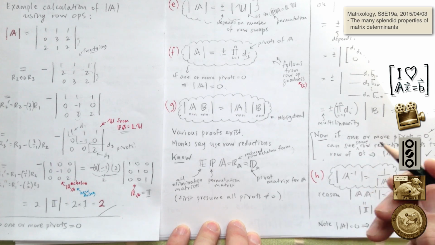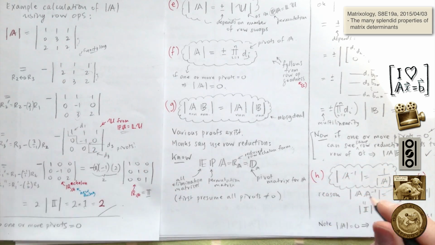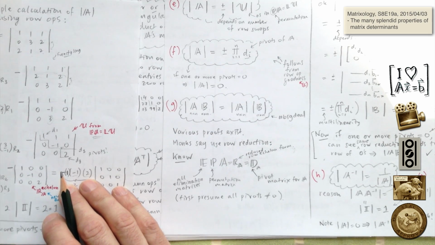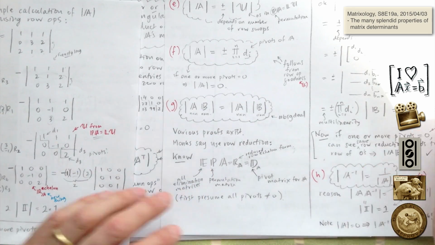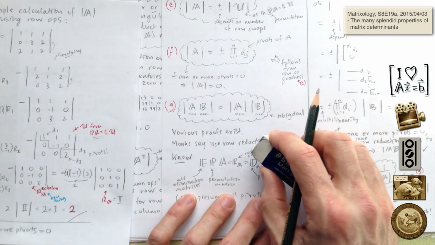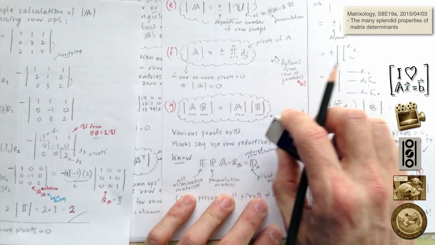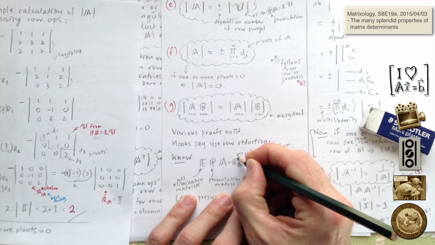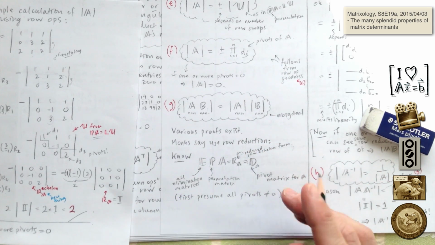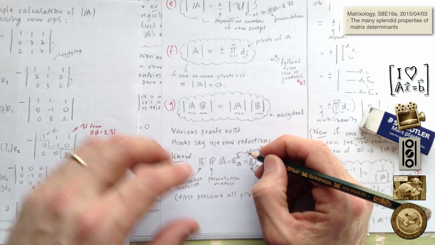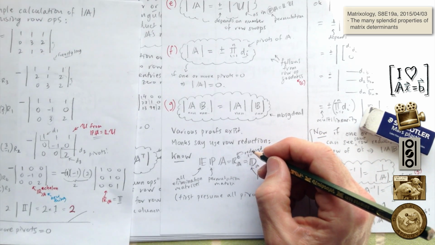Let me get this right. This should be what I'm going to call here an E, and I had this on some previous ones. It's the reduced row echelon form, and I gave it a name, I think.